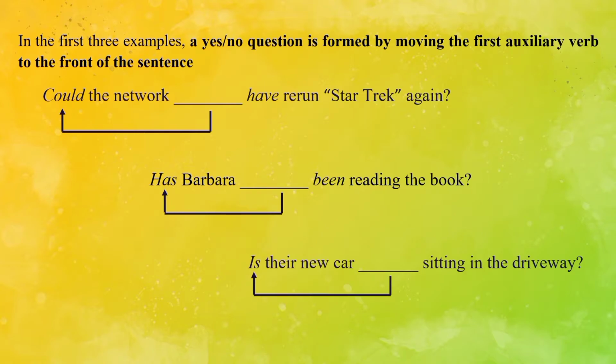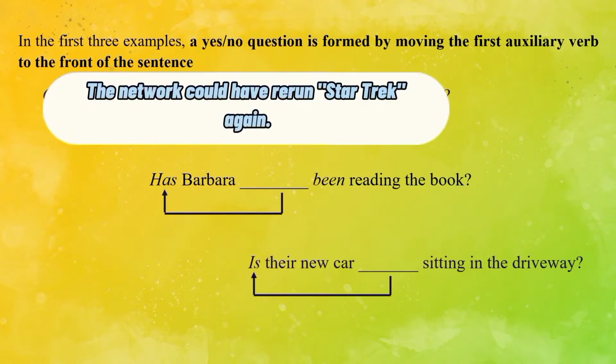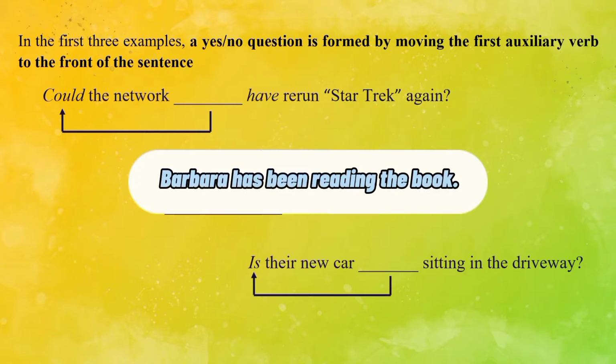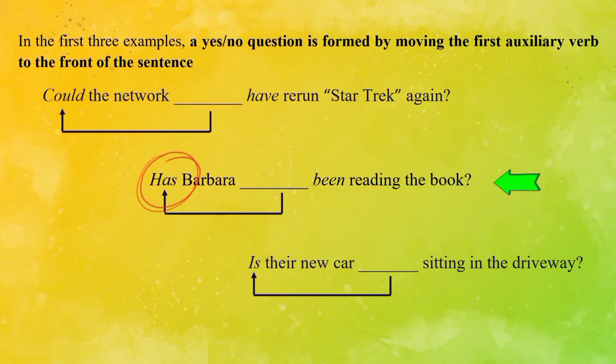For example, from the network could have rerun Star Trek again to could the network have rerun Star Trek again? The same is true with the second example. Originally, the sentence is, Barbara has been reading the book, but by moving the auxiliary verb to the front of the sentence, it became, has Barbara been reading the book?